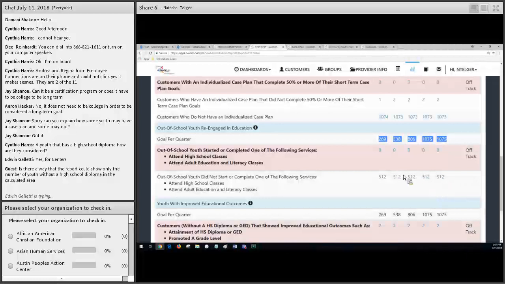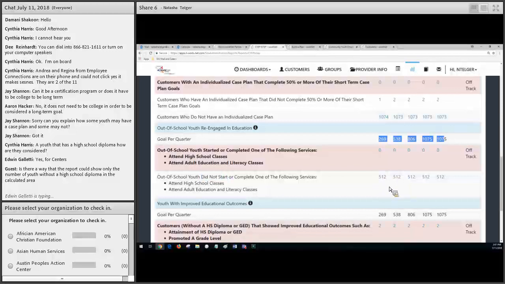Actually, these goals need to change. I just noticed that. Am I reading that right, though, that we've got out-of-school youth that started or completed one of the services, and then we've got out-of-school youth that did not start or complete one of the services? It would be the total of those two numbers, right? Or no?